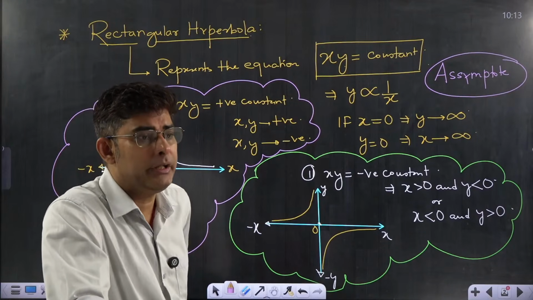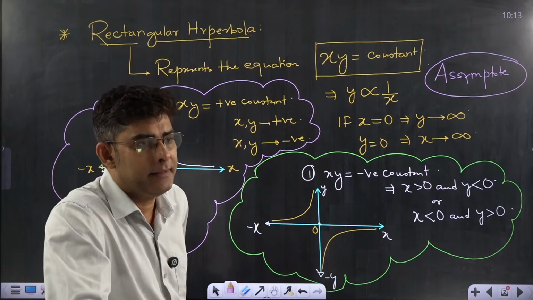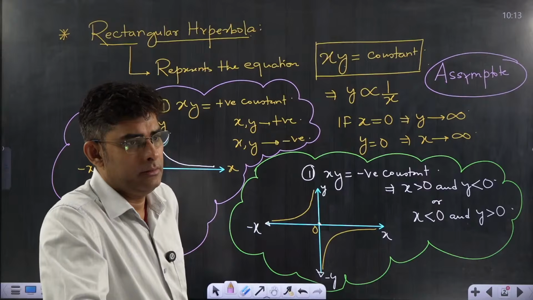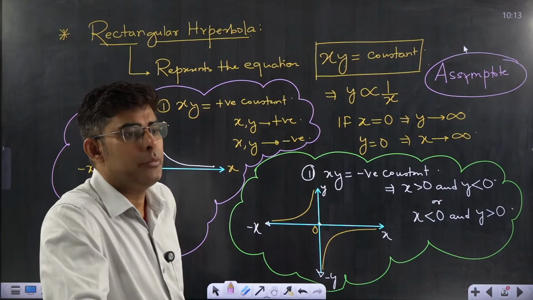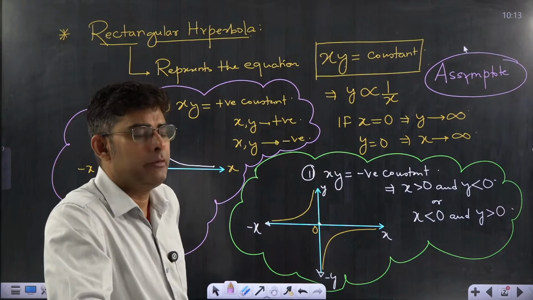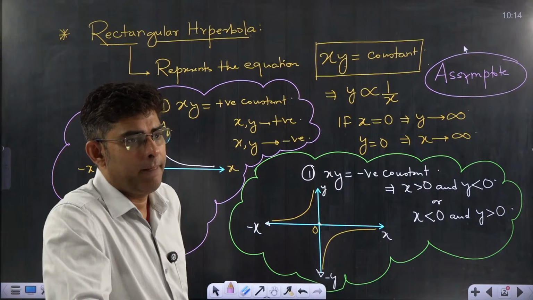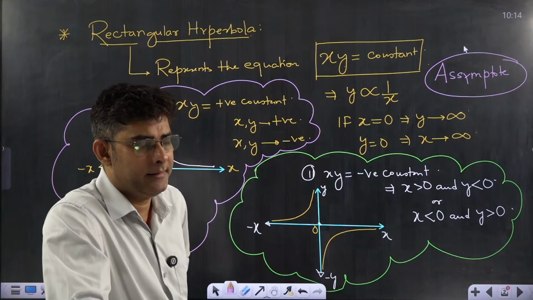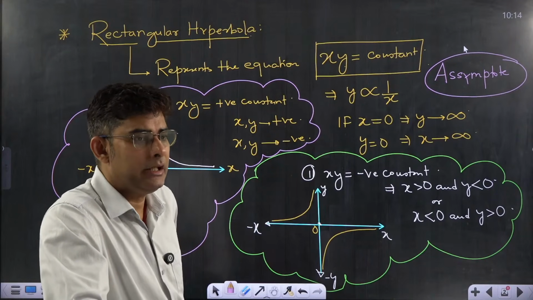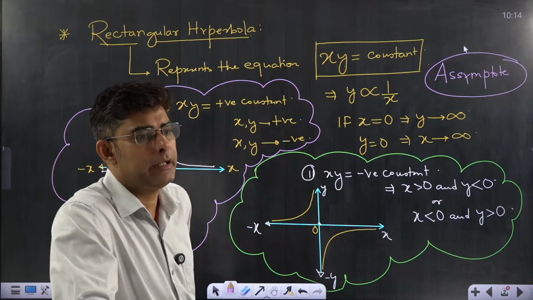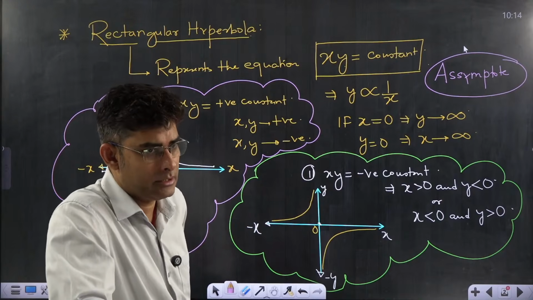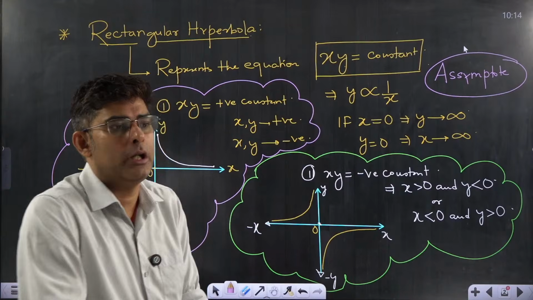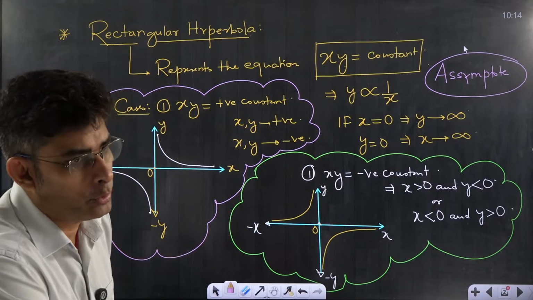Asymptotes are simply the lines or axes which any curve can never touch, or it will be touched only at infinity. So asymptotes are such lines or axes which any given curve can touch only at infinity, or you can say it can never touch. So can you tell me, for the rectangular hyperbola, what are the asymptotes?